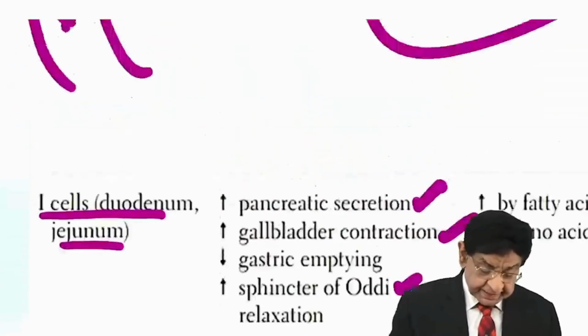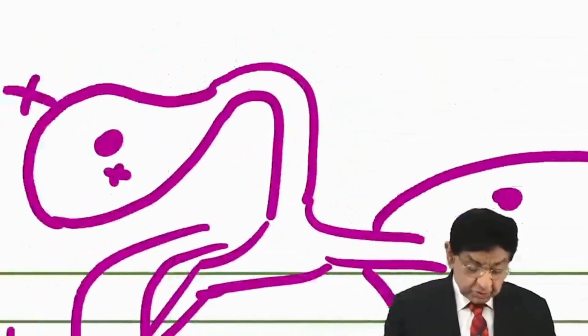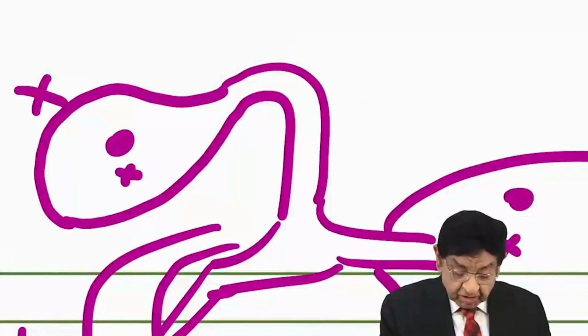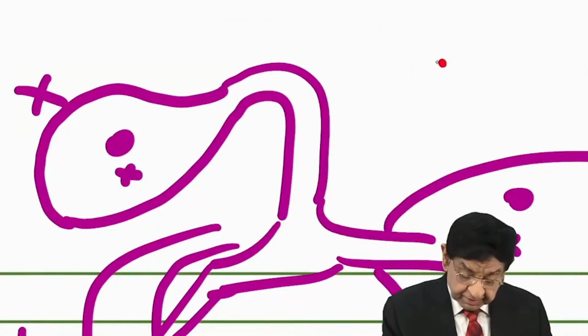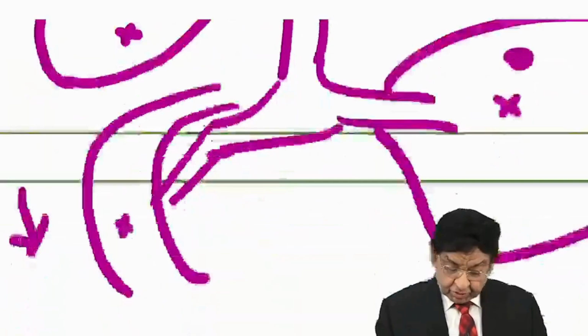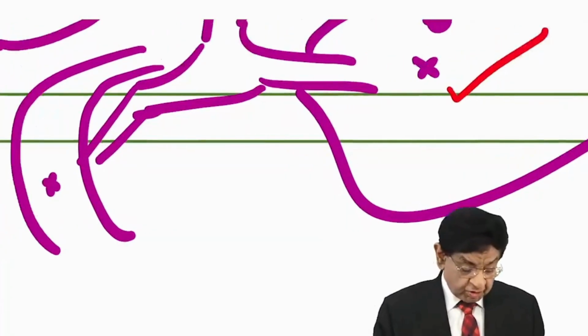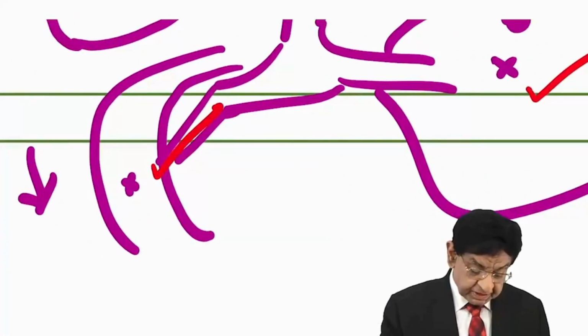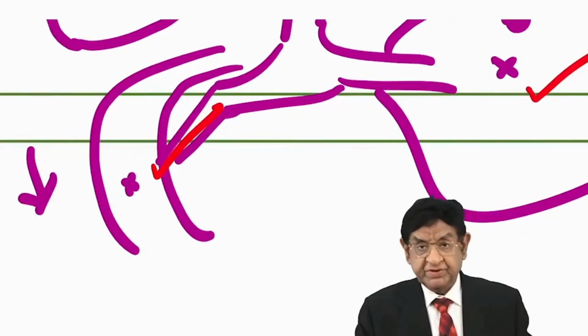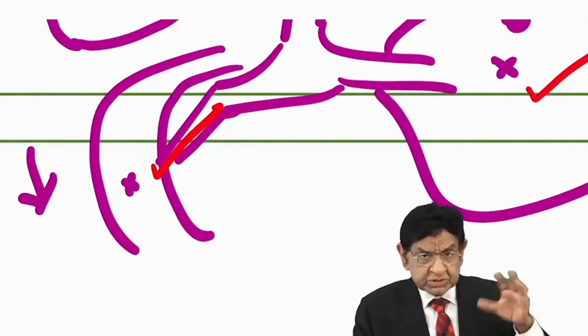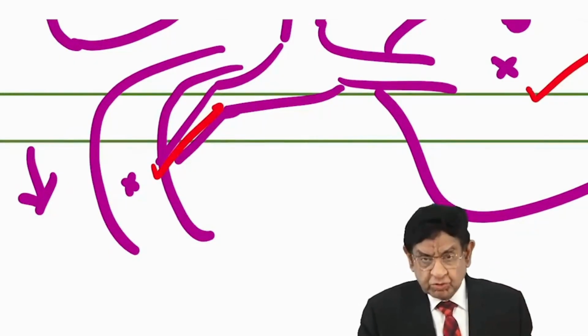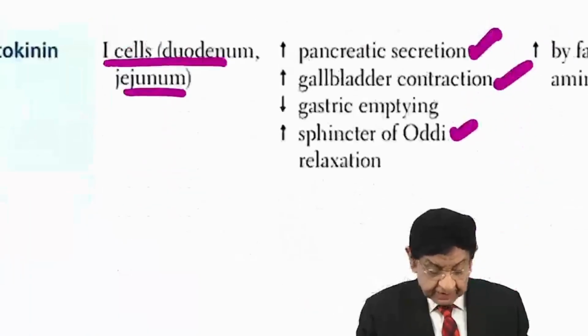Again, same diagram. It is going to cause increased gallbladder contraction. It is causing increased pancreatic secretion, and it is going to cause relaxation of the sphincter of Oddi. Almost the reverse action of somatostatin.